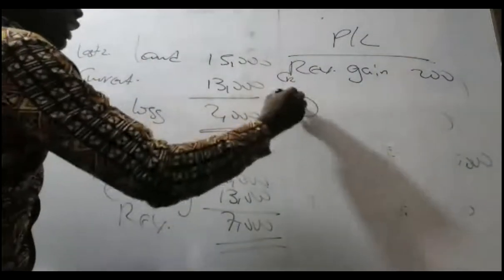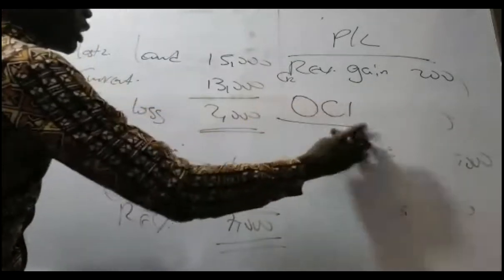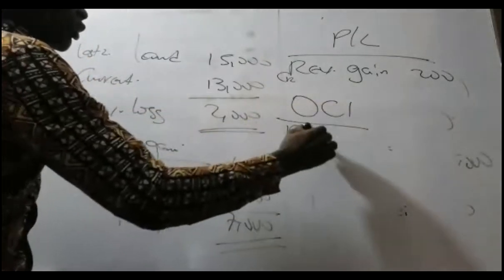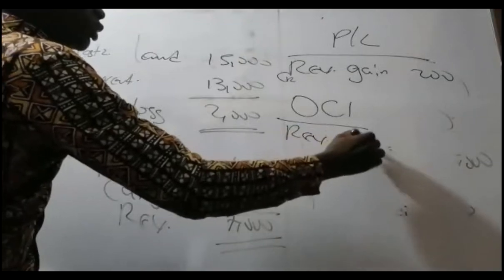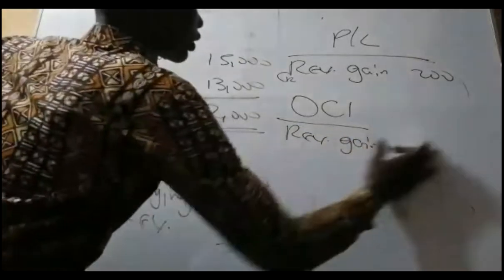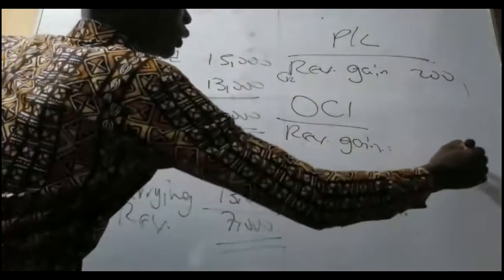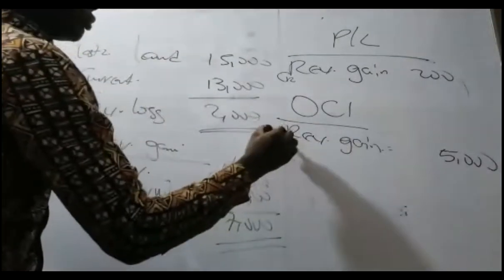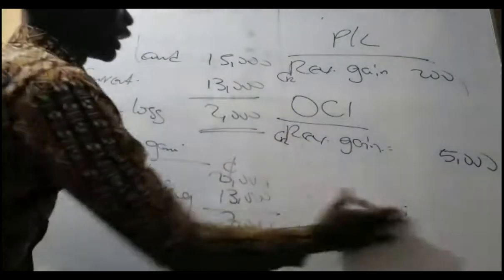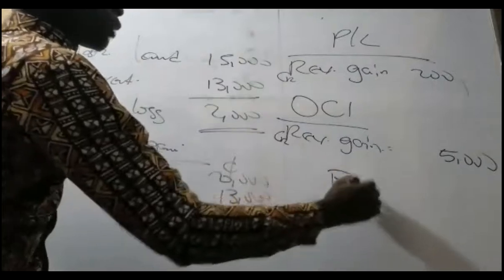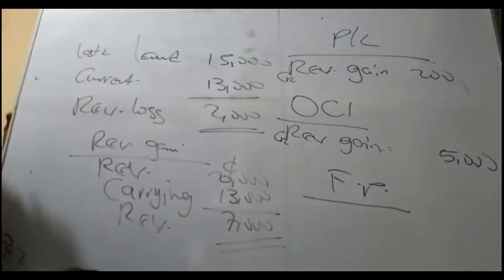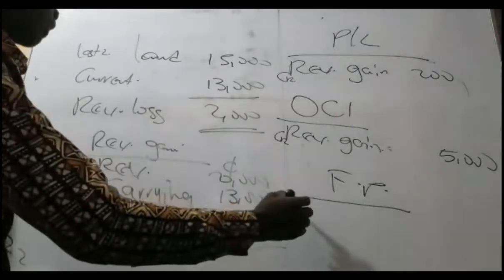Then I'll go to OCI and now record the remaining balance. Revaluation gain of what? Gain of 5,000. Good. Also credit. Then finally, I'll go to the financial position and tell the examiner that I'll record the asset value.